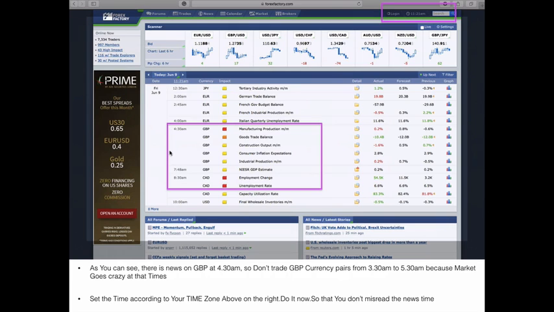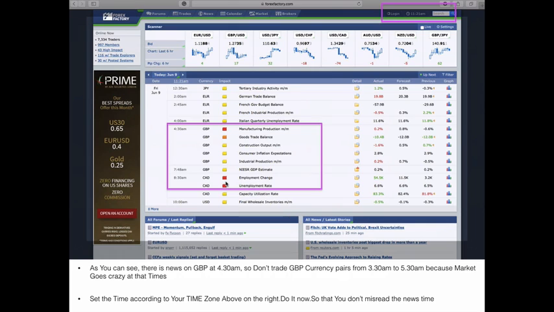And then what you have to see here is these red boxes. What the red box implies is there is going to be a high impact news. These yellow and orange boxes, doesn't matter, but the red boxes mean there is going to be a huge impact news. So you don't have to trade at that time.